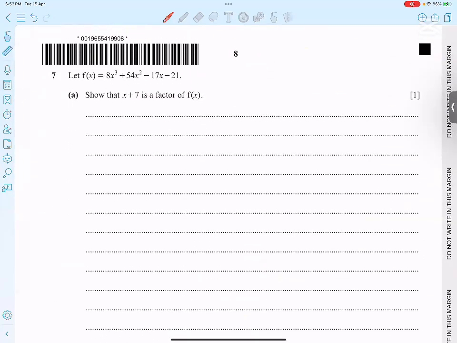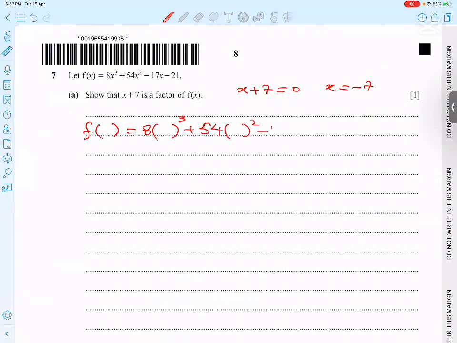Question number 7 we have, show that this is a factor of this polynomial. How we can do it simple, x plus 7. So plug in x plus 7 is equal to 0. And I got this. Replacing every x with a negative 7.